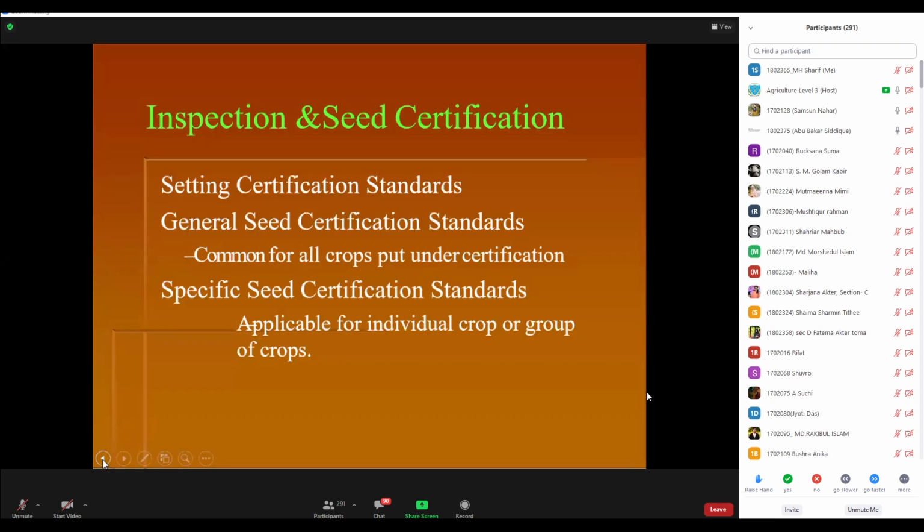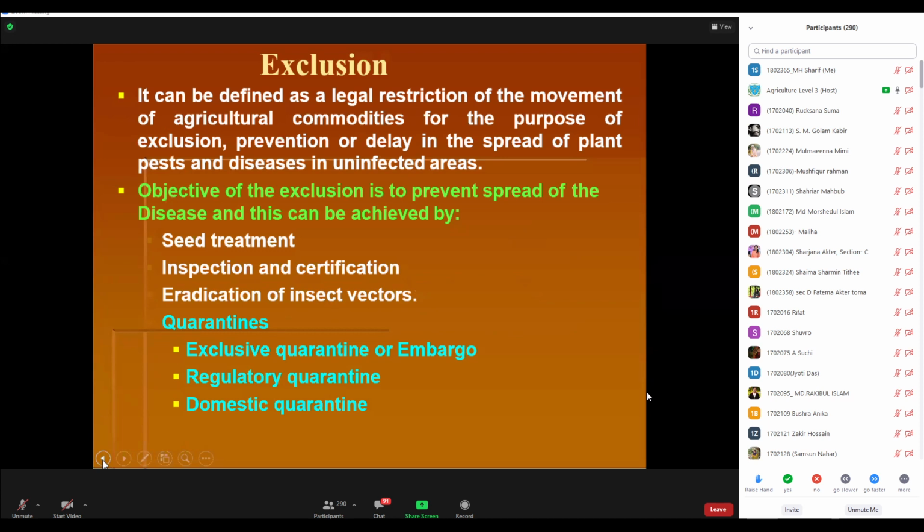So could you please repeat exclusion and regulatory quarantine? I am telling you that we are talking about the exclusion, that is the legal restriction of the movement of agricultural commodities, especially the propagating materials, for example, seed. And we are talking about quarantine, that is exclusive quarantine or embargo.